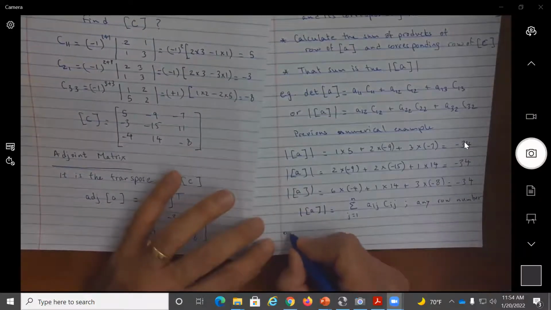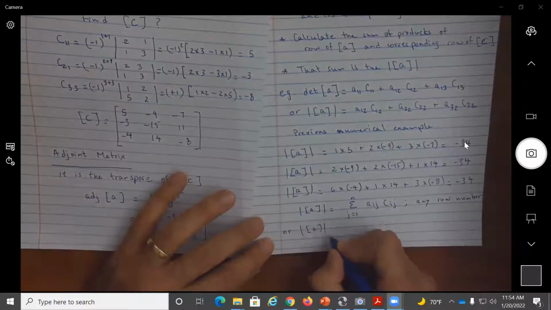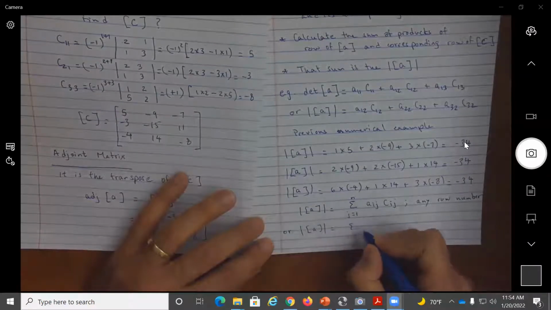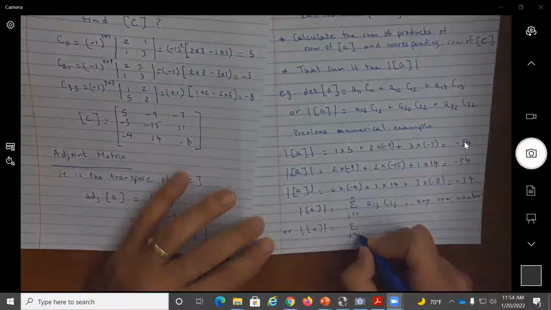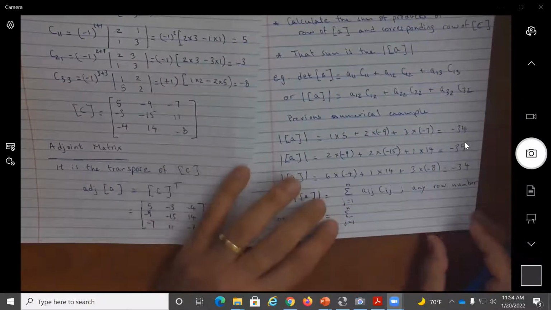Or the determinant of A is equal to the sum from j equals 1 to n, and this time I'm going to pick any column number.